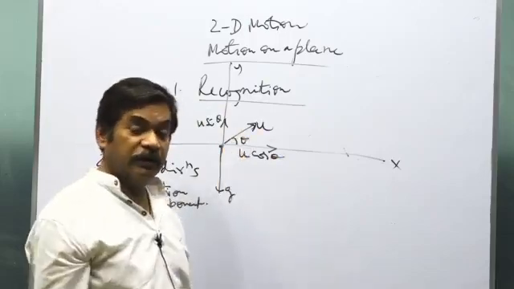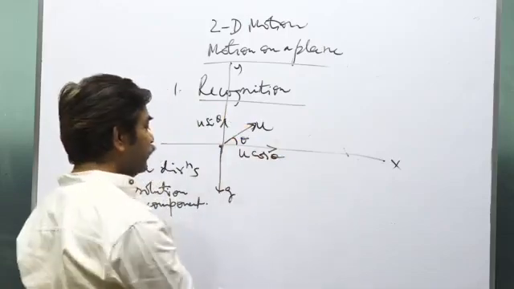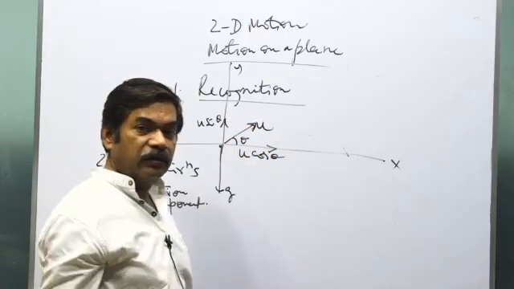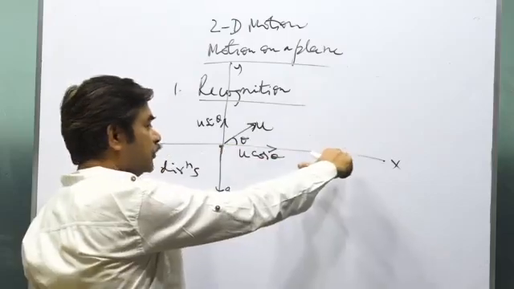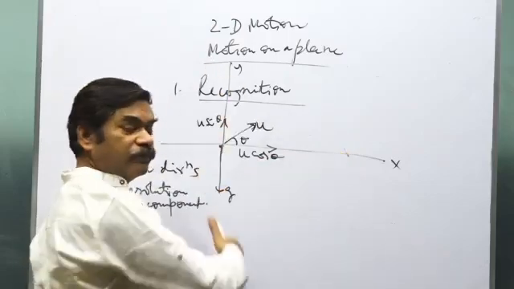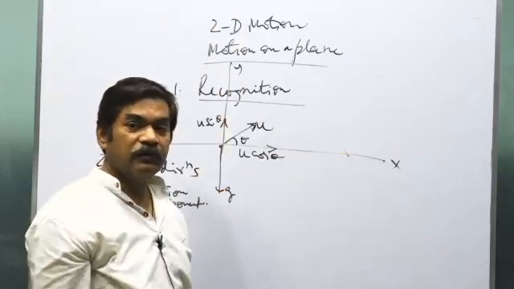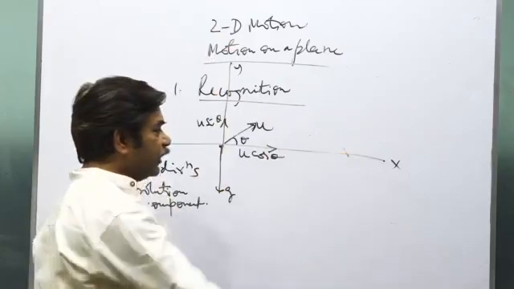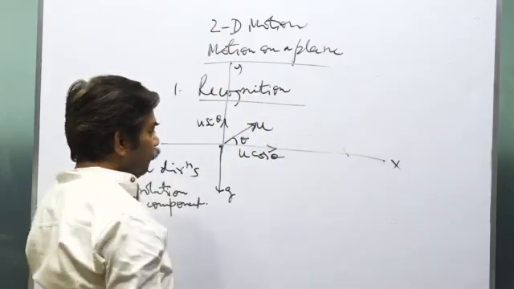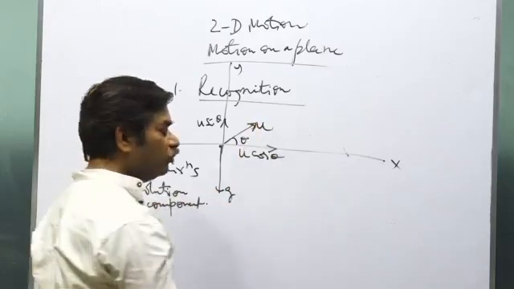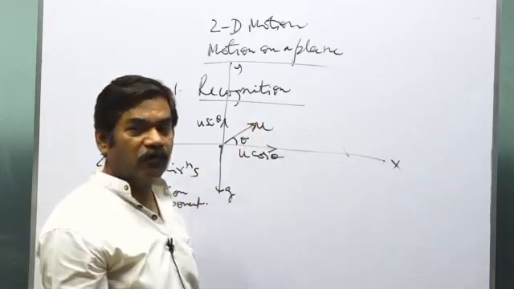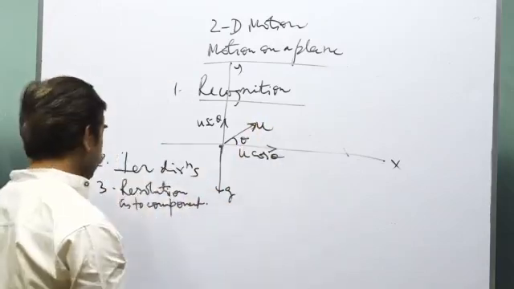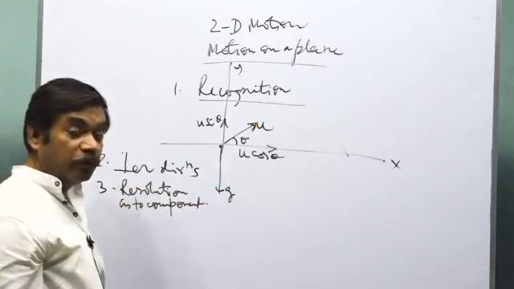And if one parameter, initial velocity or acceleration, is along the x direction and the other is along the y direction, then there is no need of resolving. So you select the x and y directions, then see which parameter is neither along x nor along y, and that parameter will be resolved into components.